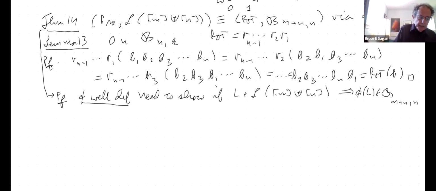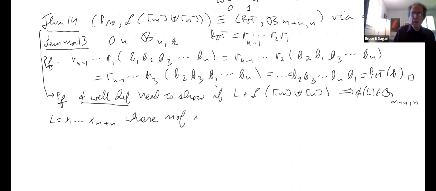But that's easy, because think about it. I've got this linear extension, x1 through x_{m+n}. Well, since this is a linear extension of m disjoint union n, this says m of the xi's are in the first chain, and n of the xi's are in the second.